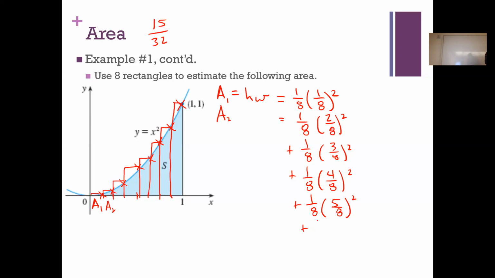What penalty am I paying for getting a better estimate? More work, right? I have to do more calculations. That's the trade-off here. If I want a better estimate, I basically have to do more for it. And I don't think I left myself enough room. 1, 2, 3, 4. Yeah, so we got those 8 rectangles now, right?